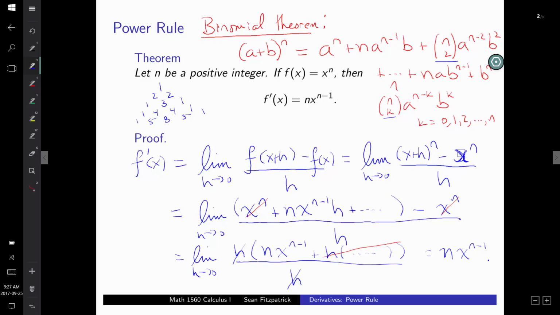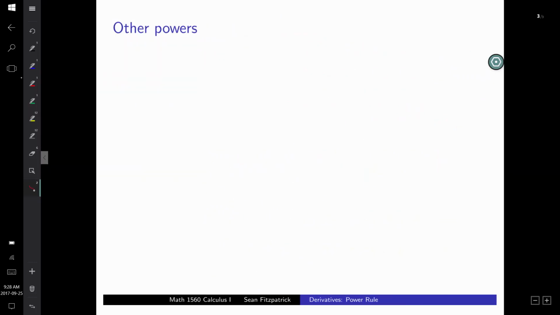What the power rule says when you're using this in practice is that when you want to take the derivative of a power, the power comes down in front, and then you subtract 1 from the original power. We'll talk about other powers in a second, but let's just do a quick example.